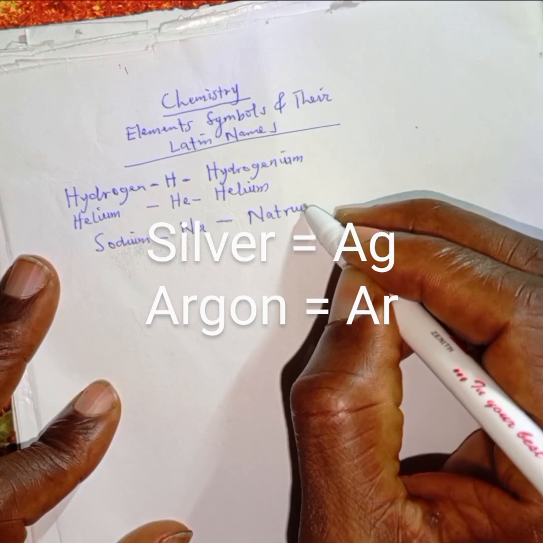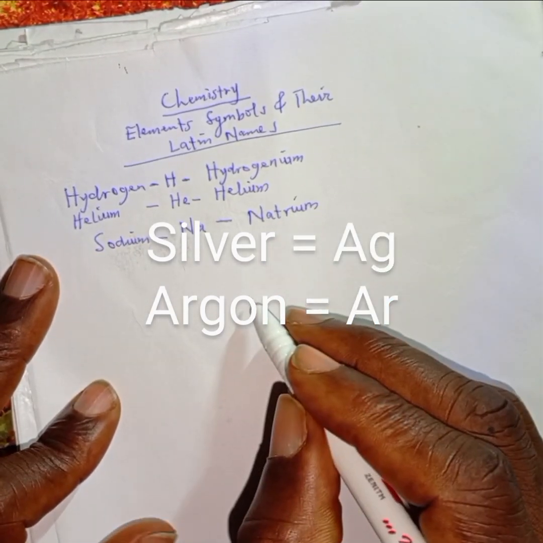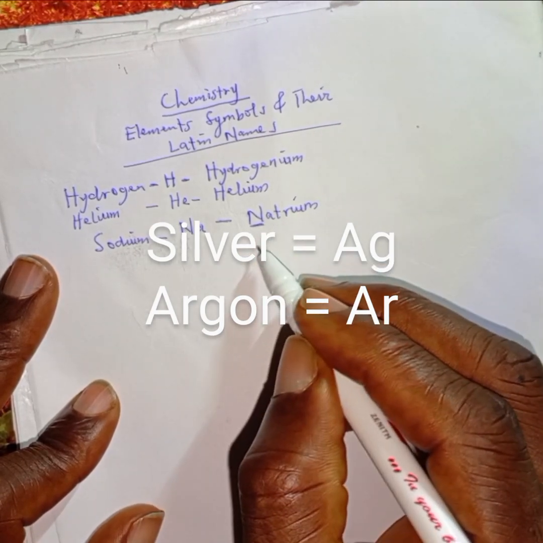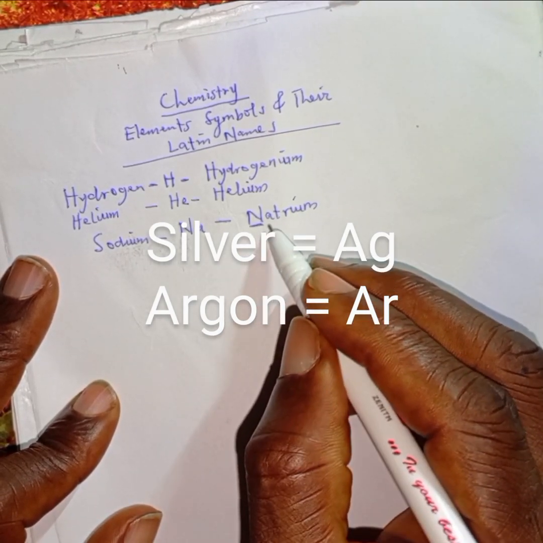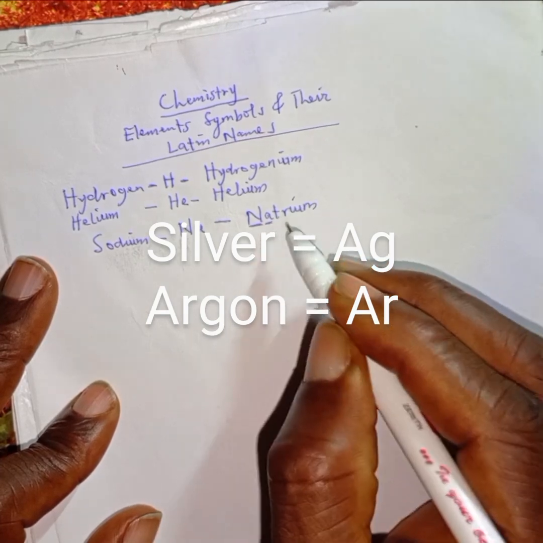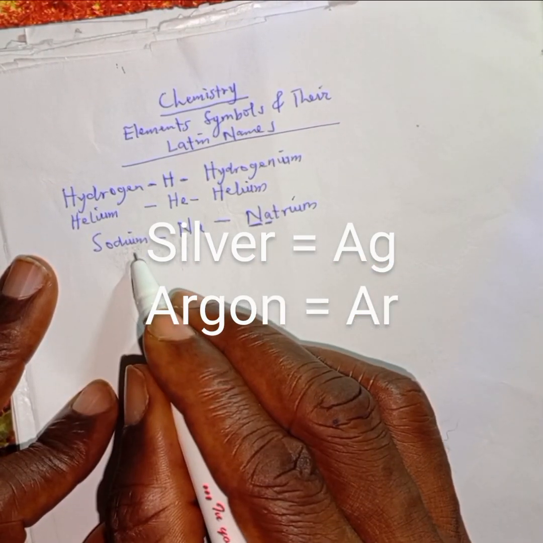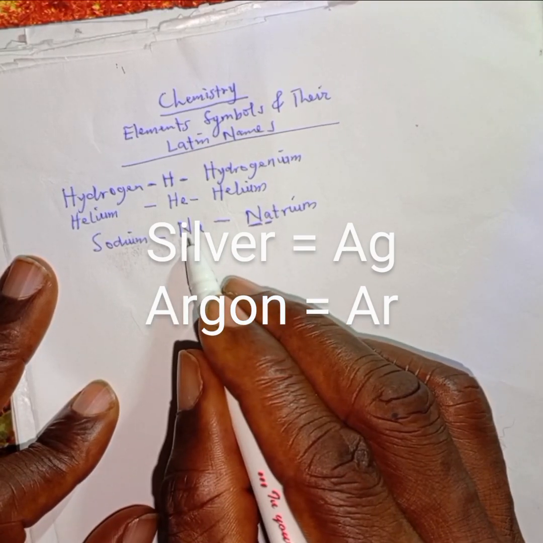So the capital letter N is the first symbol, and the next one is small letter a. So for sodium, that is why it is Na.